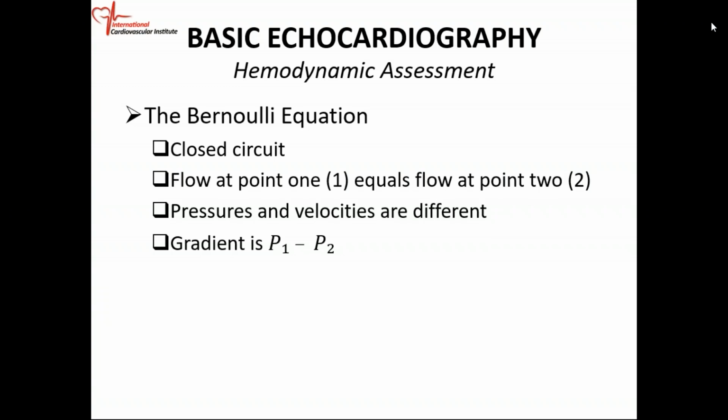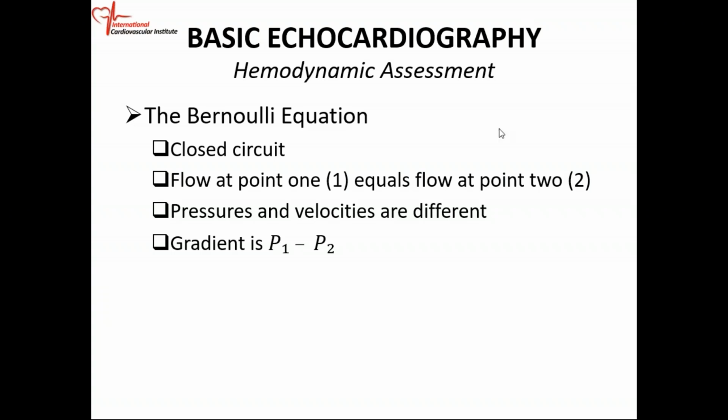That is, it's not leaking. You don't have any leak anywhere in the circuitry. So the flow at point one is equal to the flow at point two, as long as you have a closed circuit.